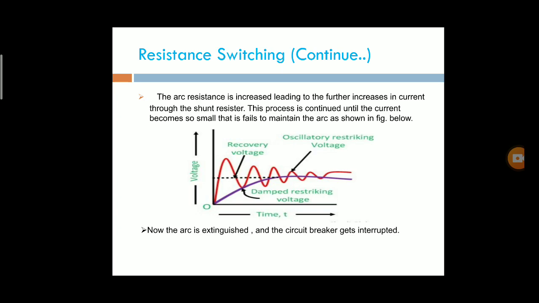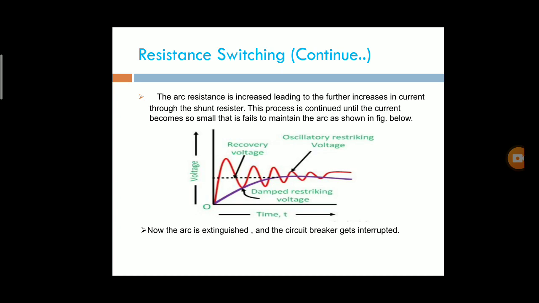The main advantage of this resistance switching is that it is used to overcome the effect of overvoltages due to current chopping.